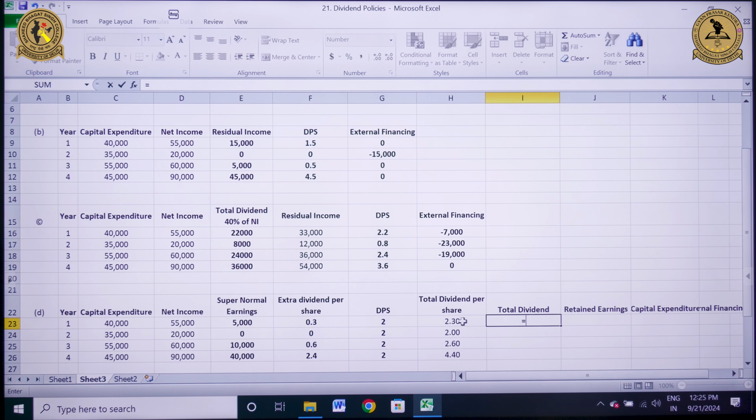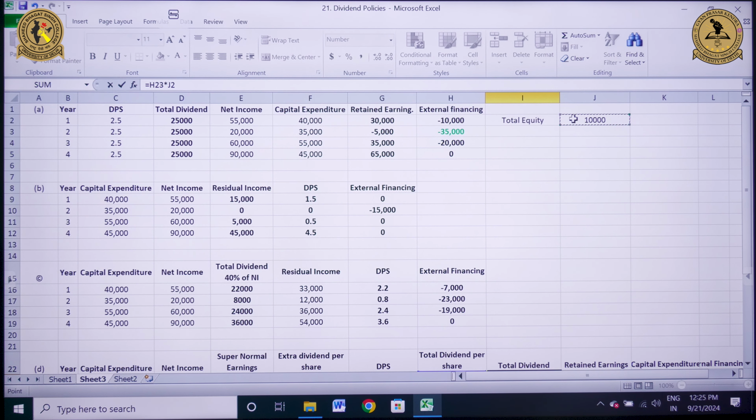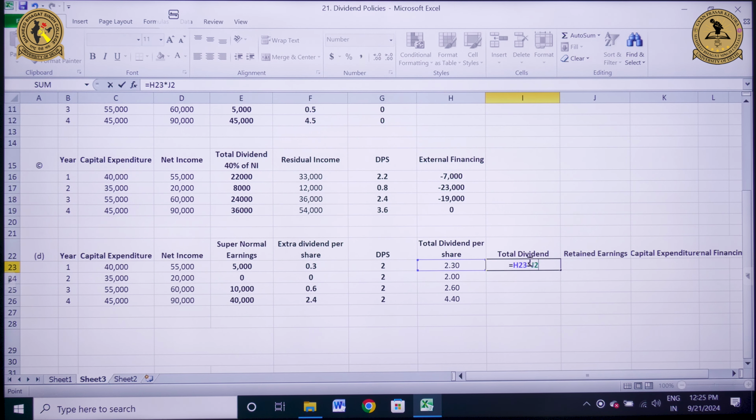The total amount of dividend will be total dividend per share multiplied by number of equity shares outstanding. Let's fix it. It comes out to be 23,000, 20,000, 26,000 and 44,000.